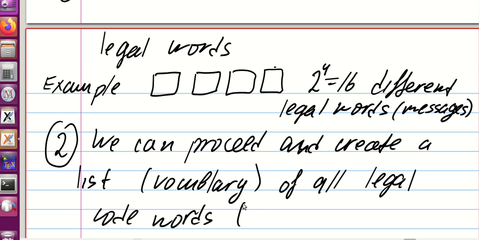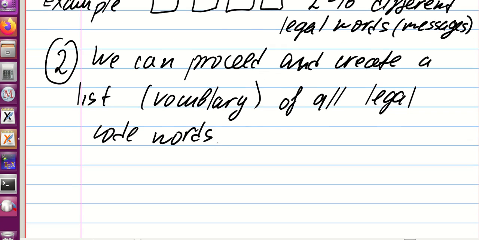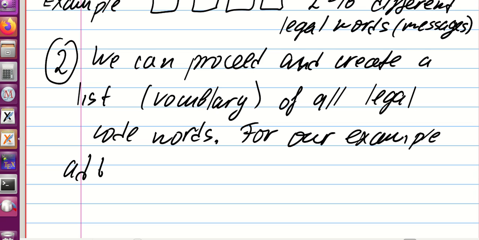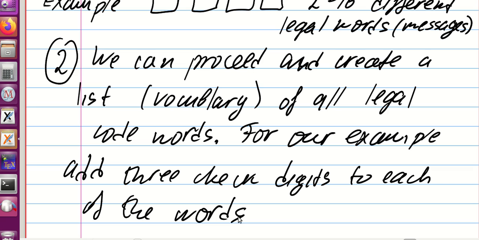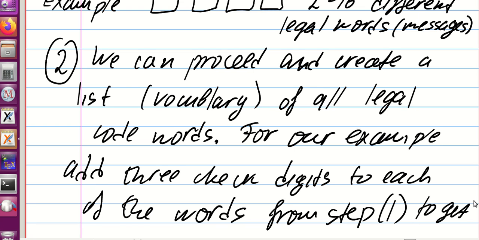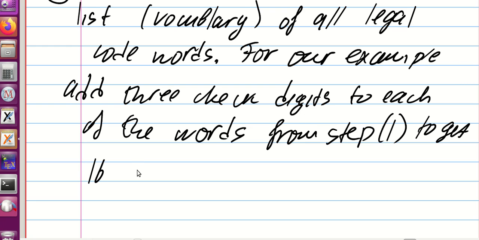For our example, we add 3 check digits to each of the words from step 1 to get 16 legal code words.